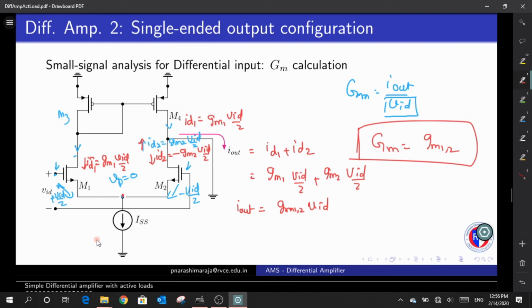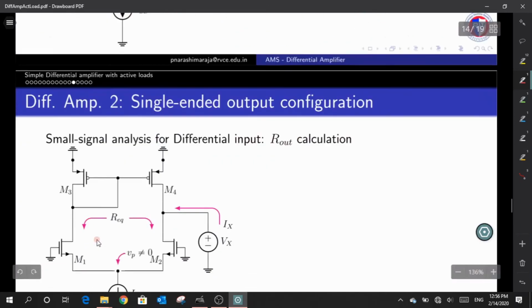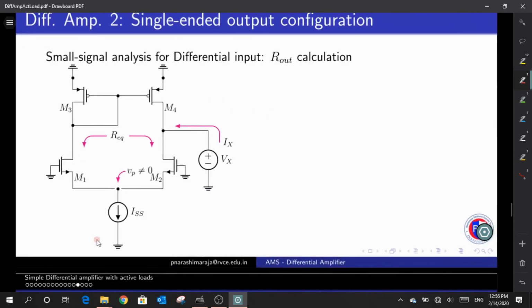Now let us do the computation for R out. For R out, what are the things that we need to take care of? First of all we have to remove the VID, so both the gates would be grounded. Now apply Vx. So this is the end result, right? Now is the circuit symmetric?